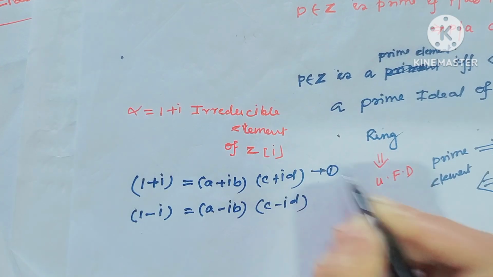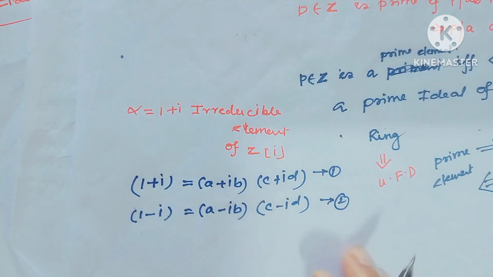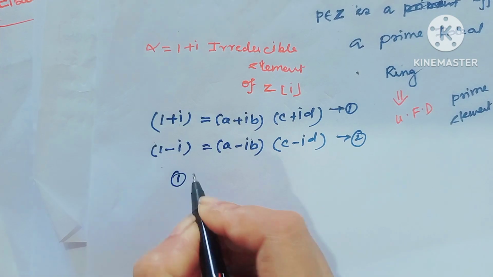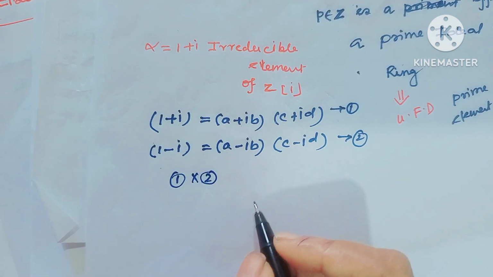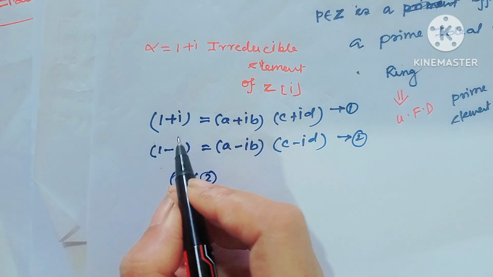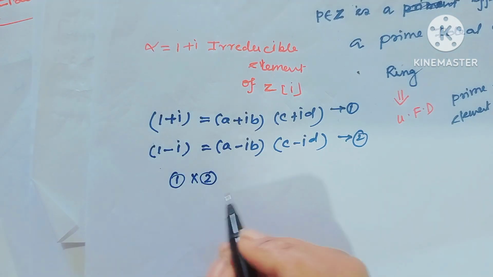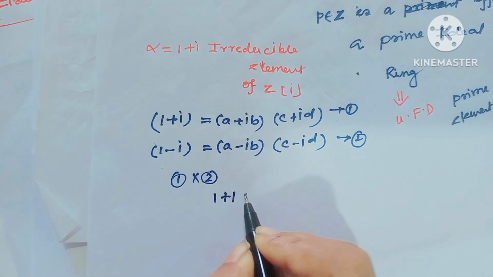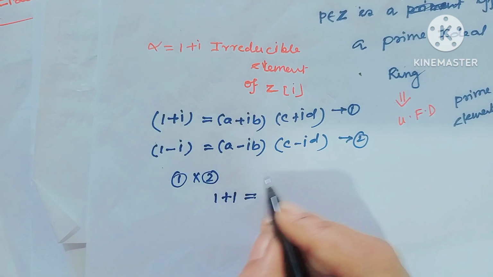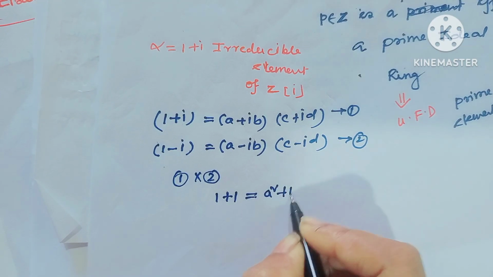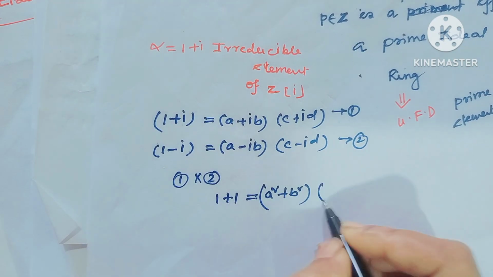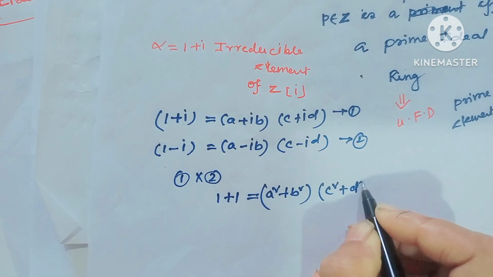Multiply these two, then 1 squared plus i squared magnitude, meaning 1 plus 1, equals a squared plus b squared times c squared plus d squared.